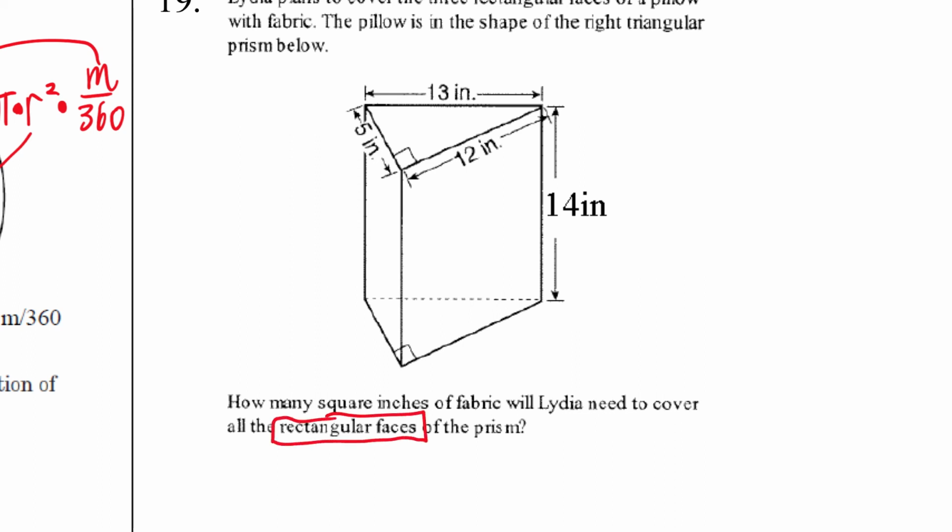So the rectangular faces, that's without the bases, that is the lateral surface area. And lateral surface area of a prism is P times H. P is perimeter of the base, H is the height. All right, so what I'm going to let you do now is get grouped up and just start working your way through here. We'll get back together in the class.